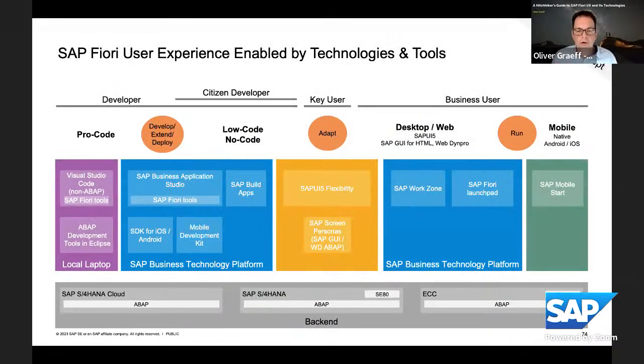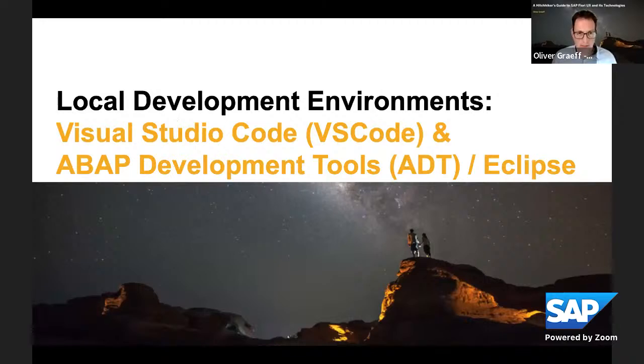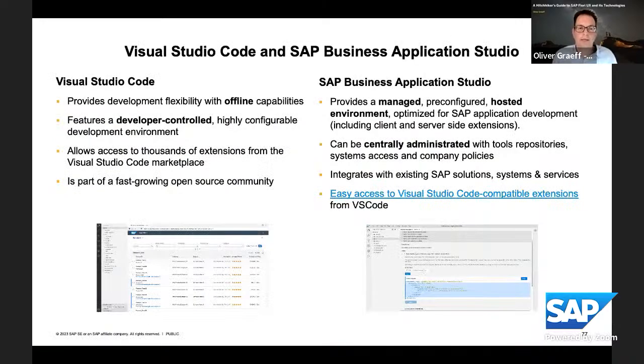Okay, back to our overview picture. So let's have a look at the local IDEs. So far, we talked about Business Application Studio on BTP, but I also mentioned Visual Studio Code, which is your local IDE on your laptop.